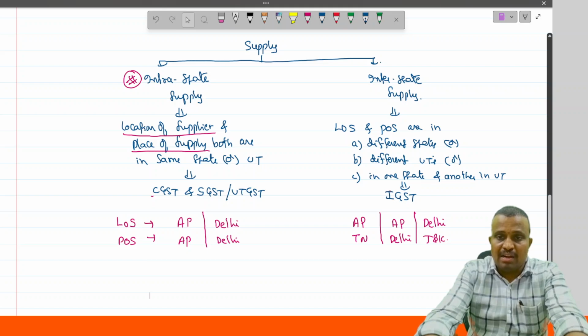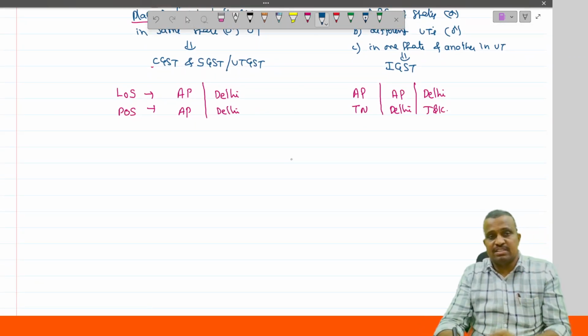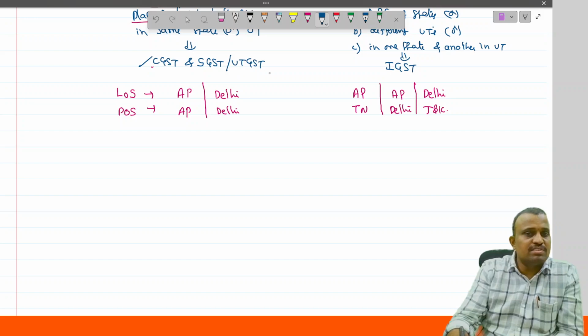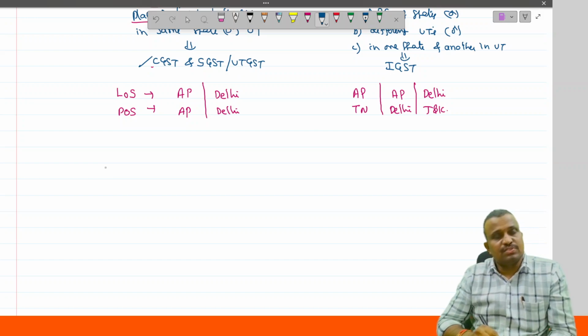There are a few components of indirect taxes, and out of that we discussed what is meant by CGST, SGST or UTGST and IGST. But another one is compensation cess.